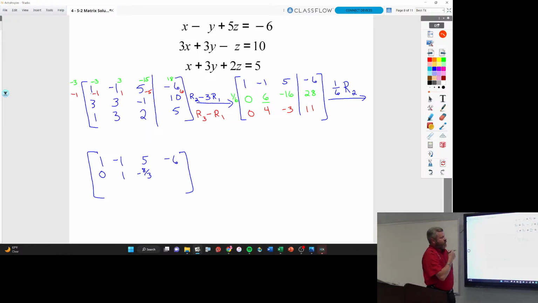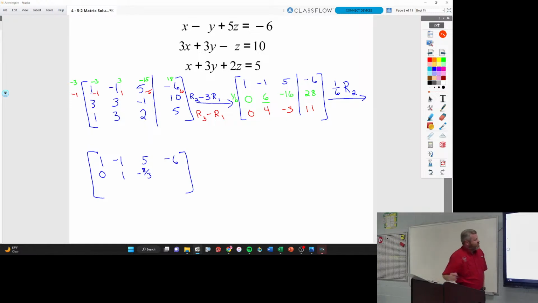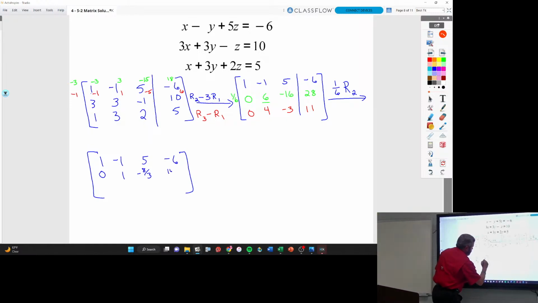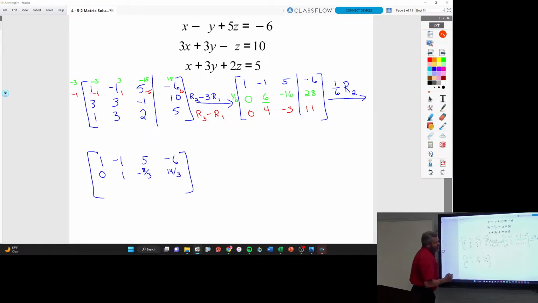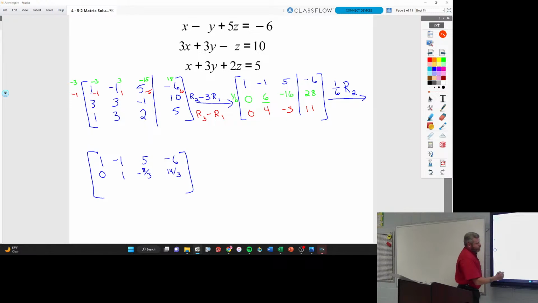And 1/6 of 28, that would be 28 divided by 6, which is 14/3. And I have not done anything to row 3, so I'm just going to keep row 3 as it is.